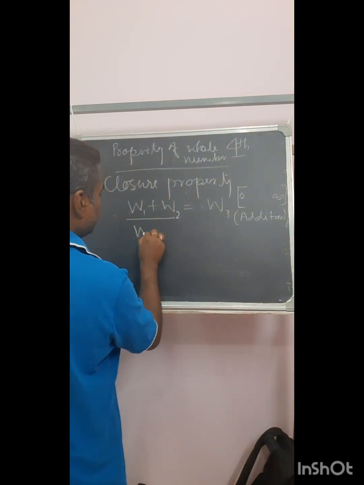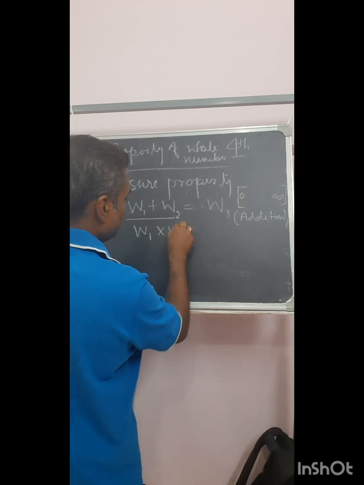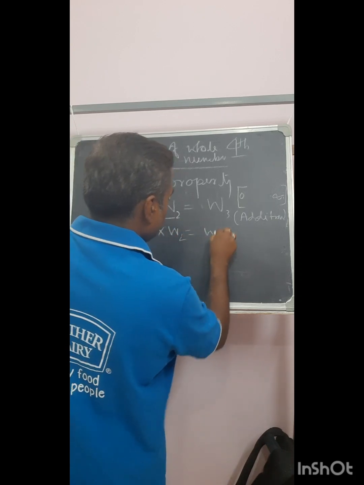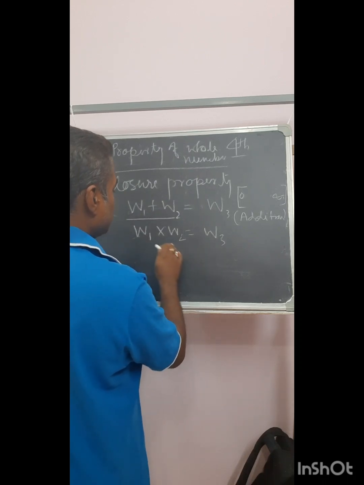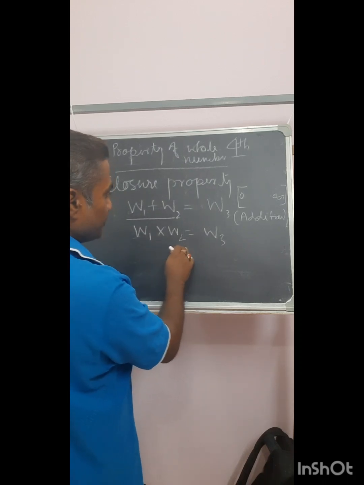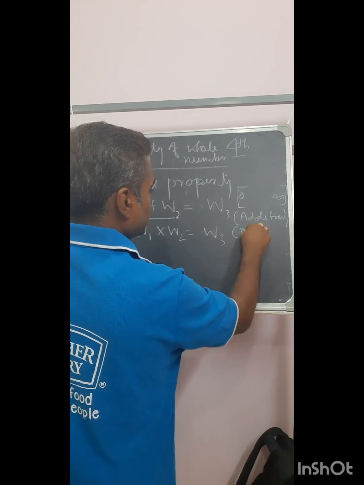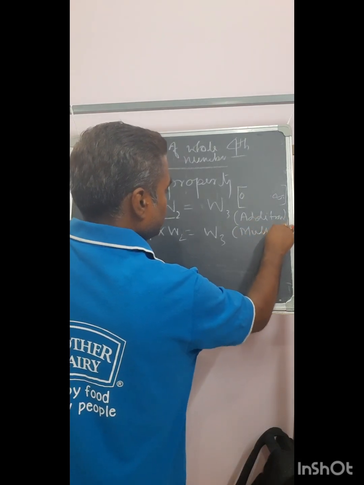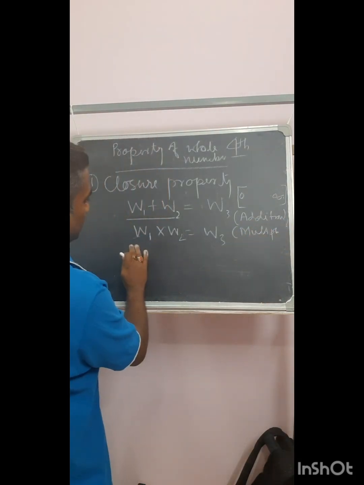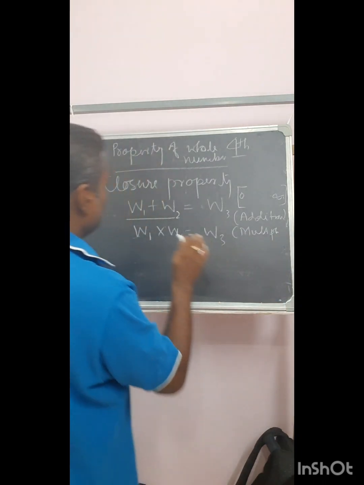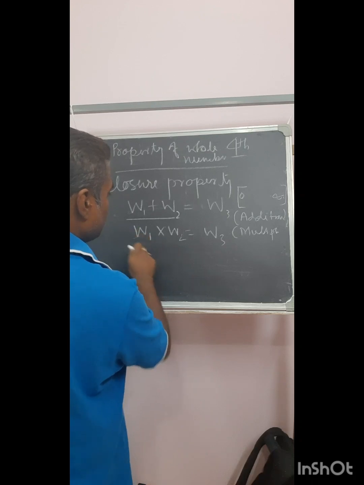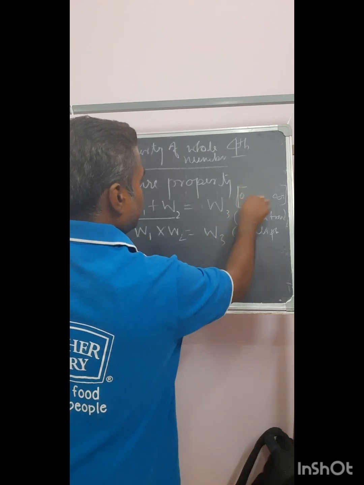If I say that W1 into W2 will give you W3, in this case also these are different whole numbers, and this also holds true. So that means multiplication also follows the rule of closure property, because these all come under this range.